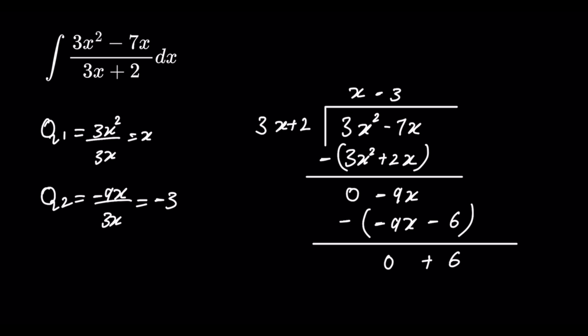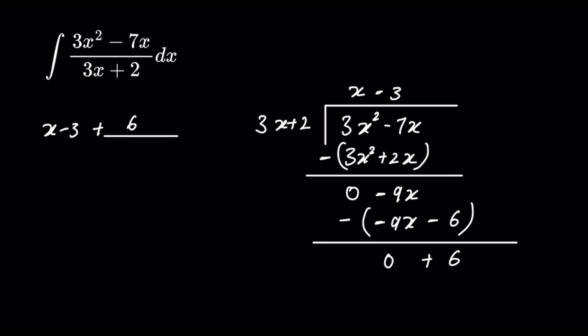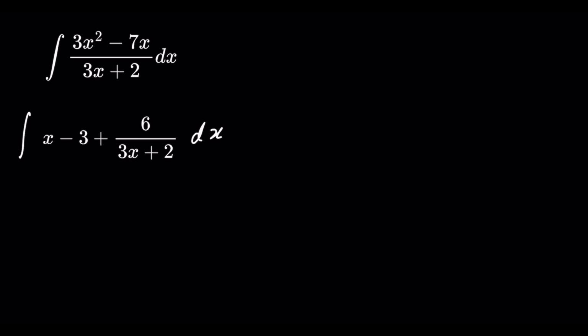So now we are going to be writing our original expression in this form. Now we integrate each term separately. The integral of x is x squared divided by 2. Integral of minus 3 is minus 3x.